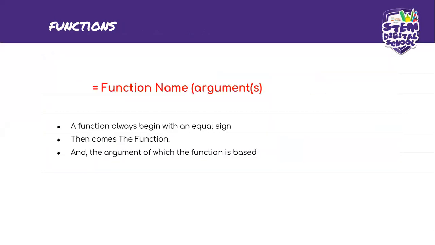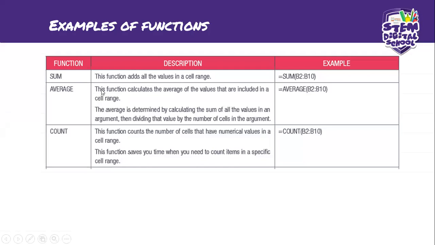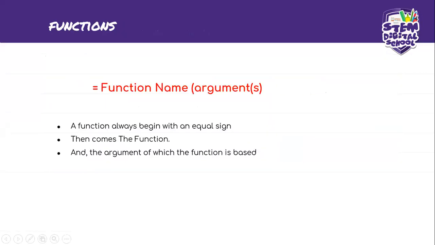Right, before I move to the examples of functions, to insert a function in a cell, you know this. First, a function always begins with an equal sign. That one you know. Your grade 12s, you know that.